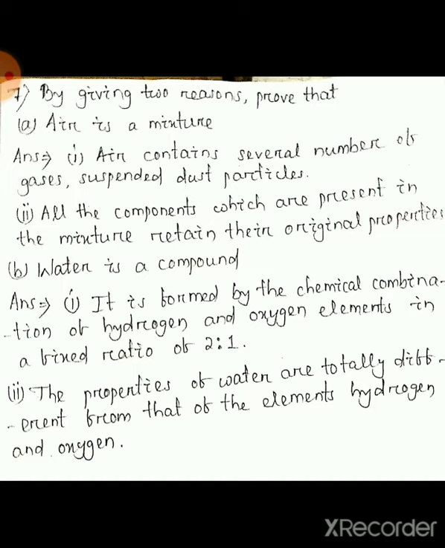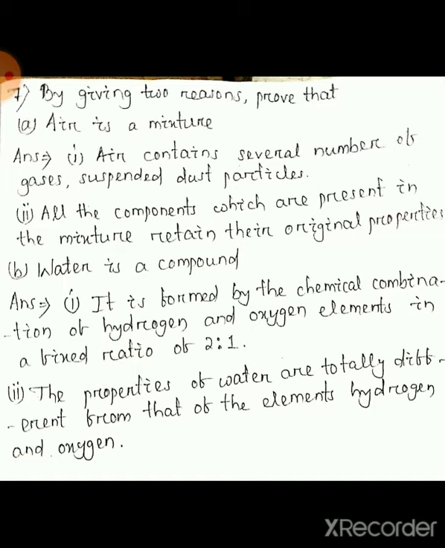So the first reason is water is formed by the chemical combination of hydrogen and oxygen elements in a fixed ratio of 2:1. Because as we know, water has the formula H2O, that means two atoms of hydrogen and one atom of oxygen. That's why the ratio is 2:1.